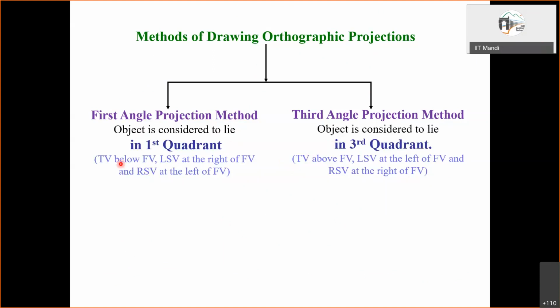Then we also observed these features: the top view is below the front view, and the left side view is at the right of the front view. This is for the case of first angle projection, and the right side view is at the left of the front view. Here the top view is above the front view. Here it was below, here it is above. The left side view is at the left of the front view, and the right side view is at the right of the front.